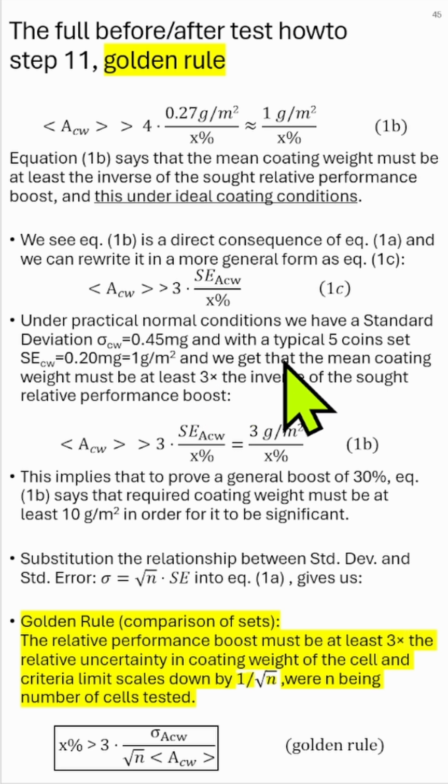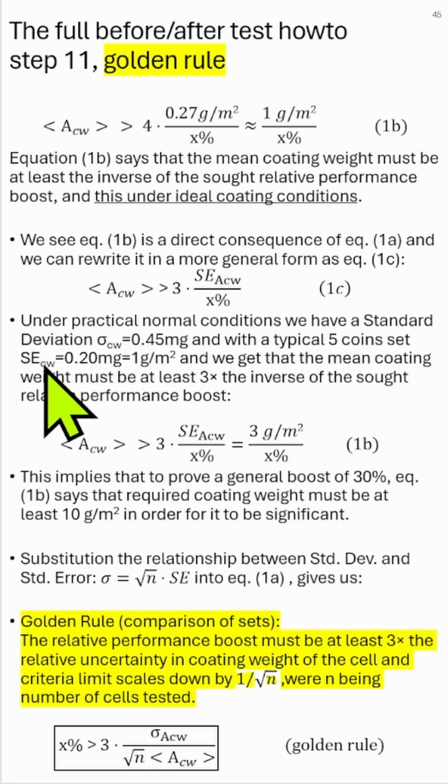So we get that the mean coating weight must then be at least 3 times the inverse of the relative performance boost. So the mean coating weight must be 3 times the standard error of the coating weight divided by the boost performance.